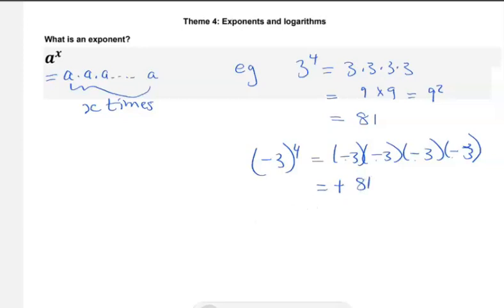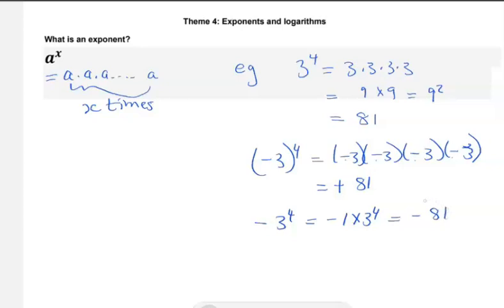When we, however, have minus 3 to the 4, then the minus is actually minus 1 times 3 to the 4, so our answer will be minus 81.